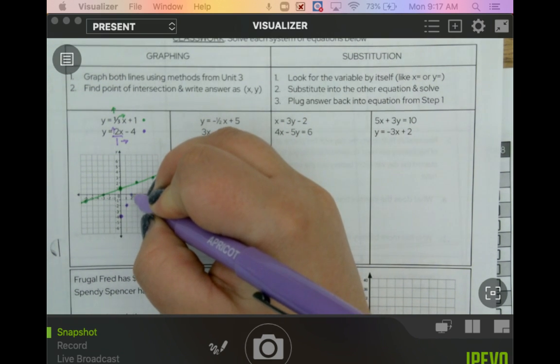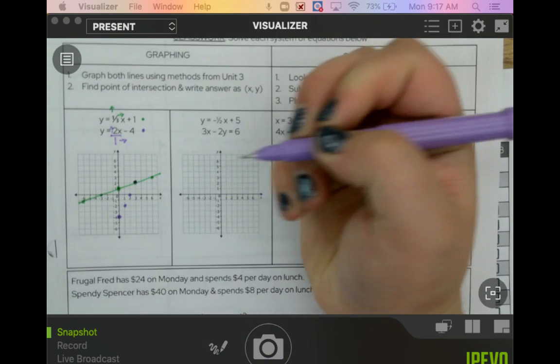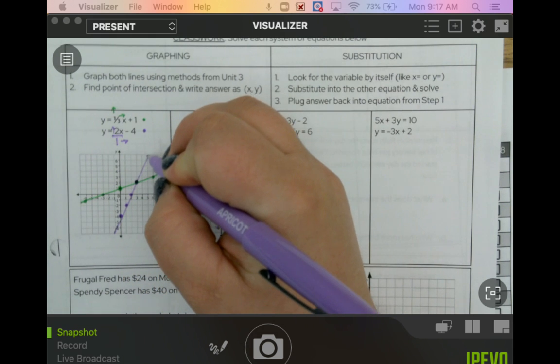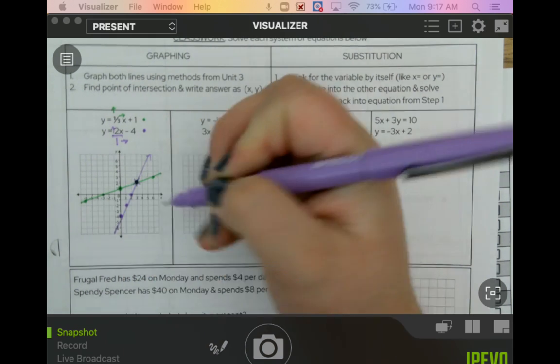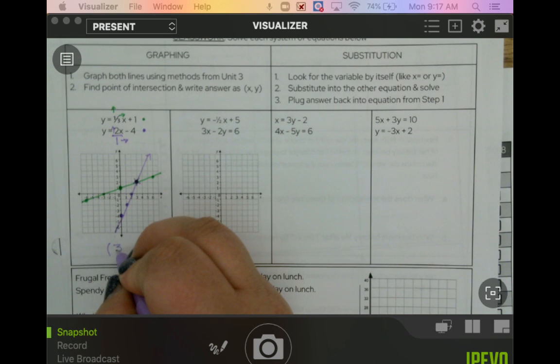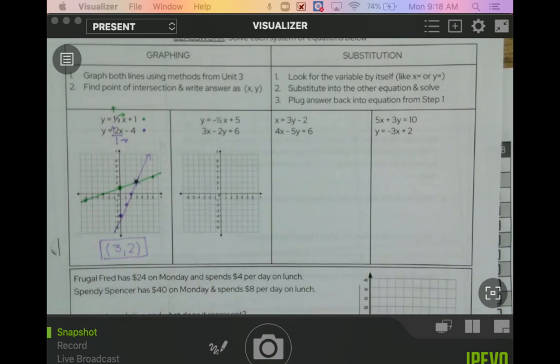And if you keep going up 2 over 1, you will eventually get a point that's already on there, right there. And that's your answer, is this point where they both crossed, which is 3, 2. And that's solving it by graphing.